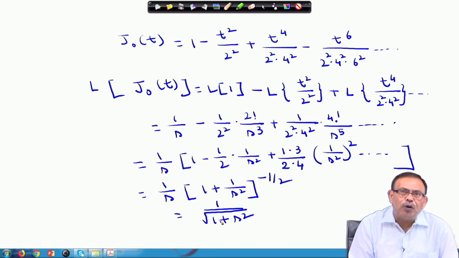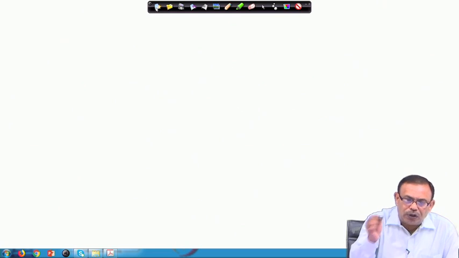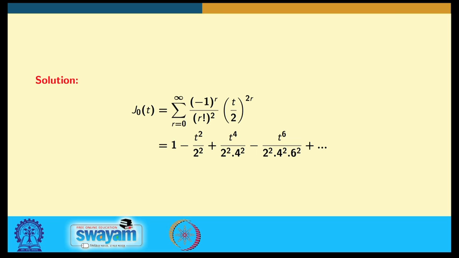So, if I do not know the Bessel function, it will become very difficult for me to find the Laplace transform. So, we are finding the general forms. Even one who is using Bessel functions and Laplace transforms can directly use this formula and find the solution of their original problems.